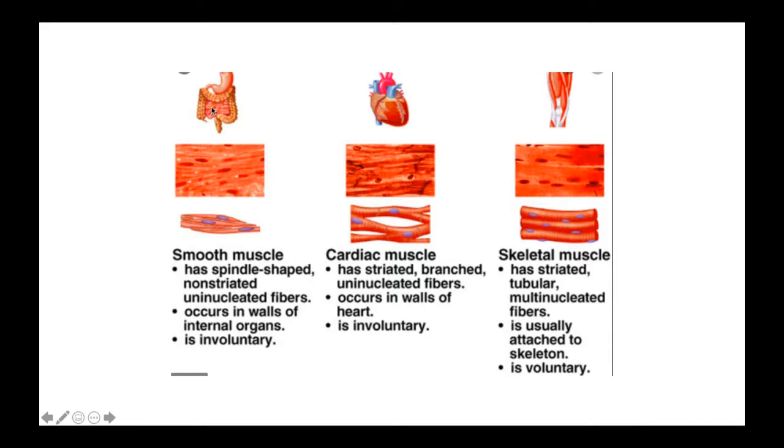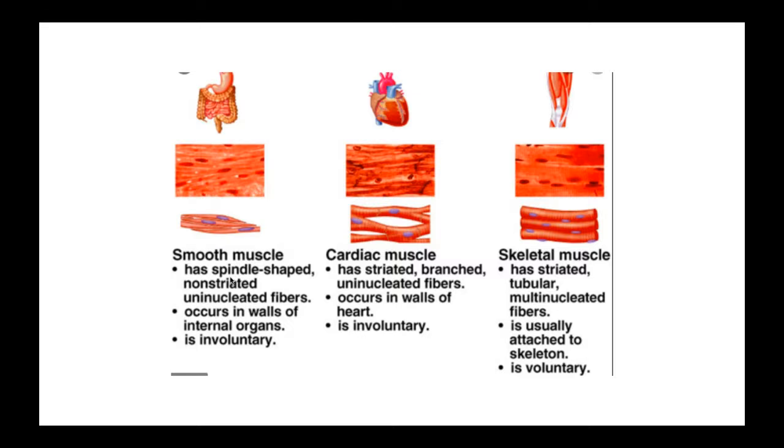So we can find this in the intestines, small intestine, the colon, also known as the large intestine, the stomach, the esophagus. You can also find smooth muscle around your trachea, your windpipe. Your windpipe or trachea can constrict or dilate. Your arteries, right, your blood vessels, they can vasoconstrict or vasodilate.